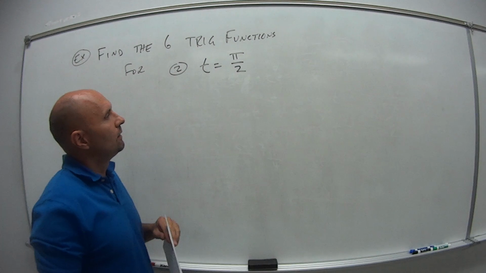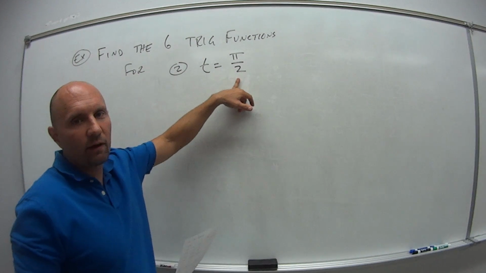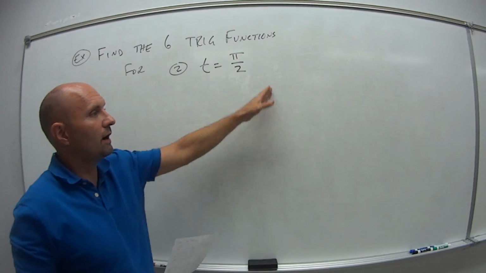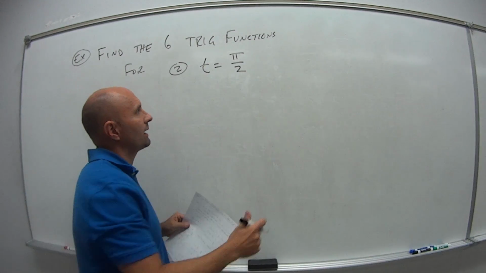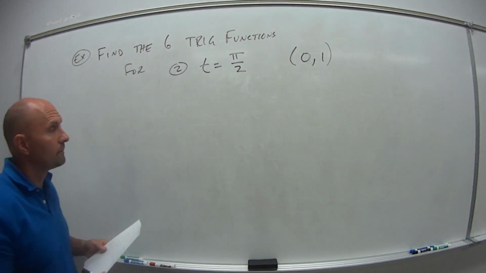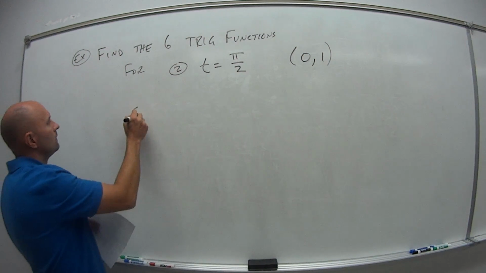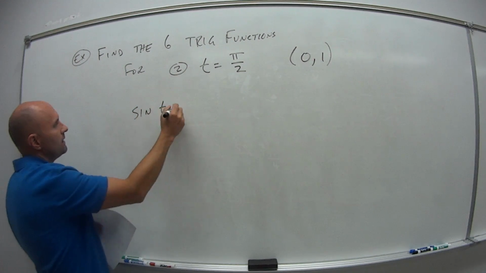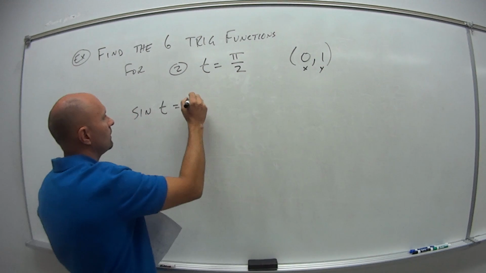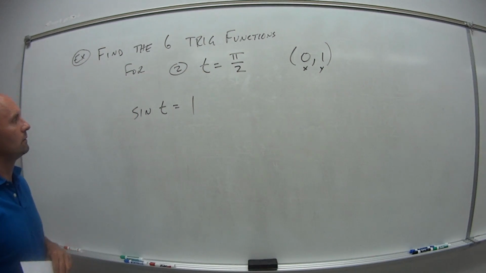Okay, so the first thing we need is our x and y values for pi over 2. Pi over 2 is straight up the y-axis, so that is 0 and 1. So sine of t is whatever my y value is, so this is my x, this is my y. So it's just 1.